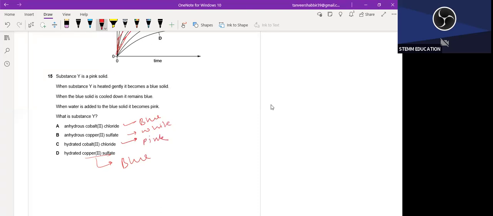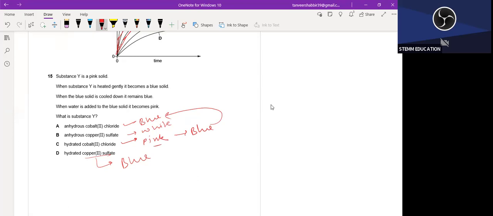So when Y is a hydrated cobalt(II) chloride and we heat it gently, it converts into blue, which is this one, anhydrous cobalt(II) chloride. When we heat, whatever water molecules are present in this, it will lose every water molecule and convert into anhydrous. Now, what is the meaning of anhydrous? There is no water molecule present.